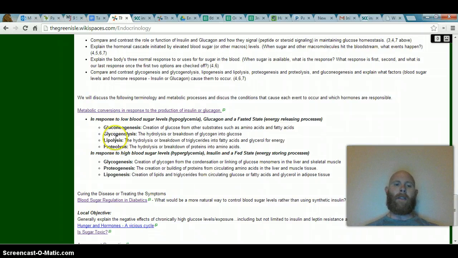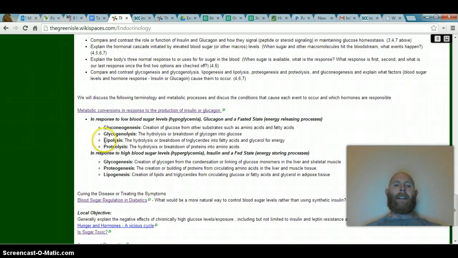They'd much rather use your glycogen first, and then lipolysis. The prefix lipo refers to lipids, fats, triglycerides, and fatty acids, and lysis means to split. So glucagon, being in a fasted state, is also going to stimulate the breakdown of fat from your adipose tissues, or the release of fat from your adipose tissues.